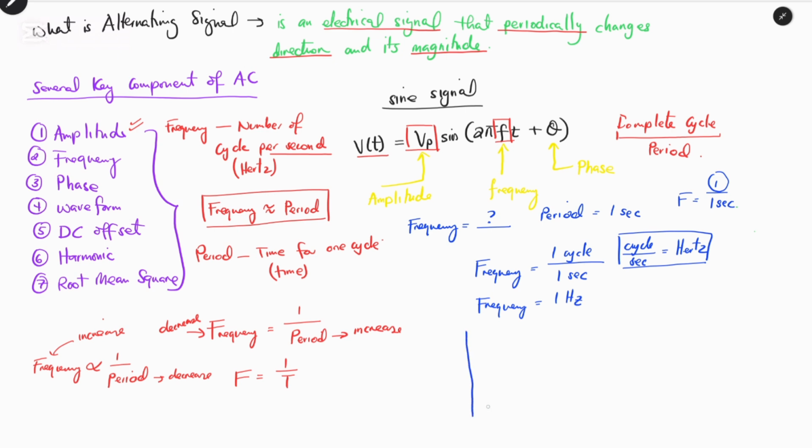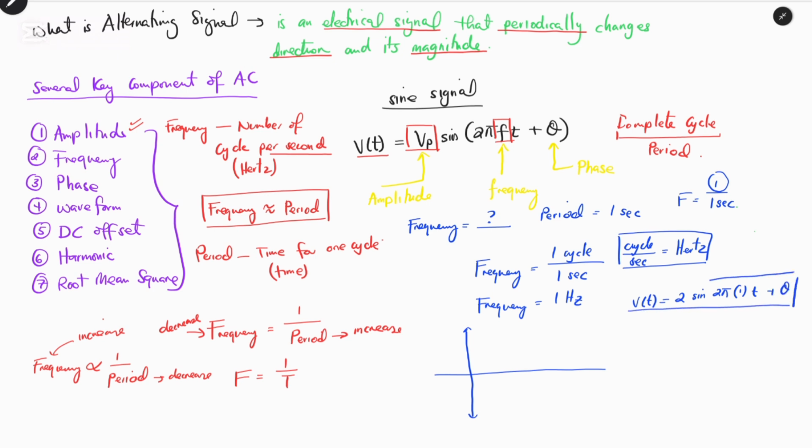From the waveform, if we are to plot the waveform in terms of the signal, we can say the AC signal v(t) is equal to, let's give Vp, which is the voltage peak or the amplitude of the signal, let's say 2 sine 2 pi, and we have 1 hertz times t plus the phase.